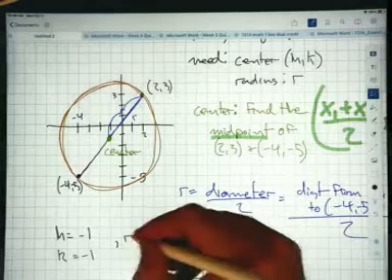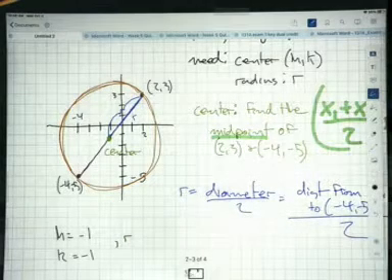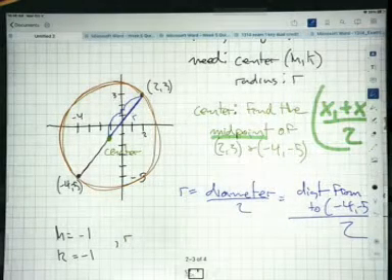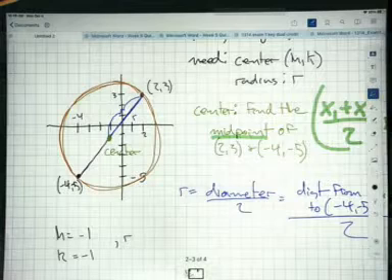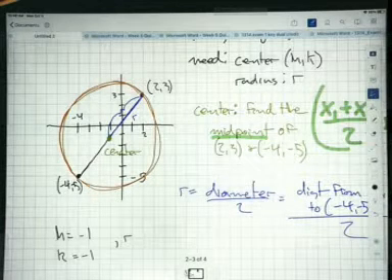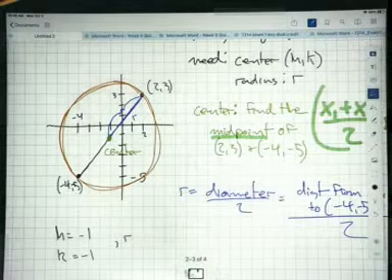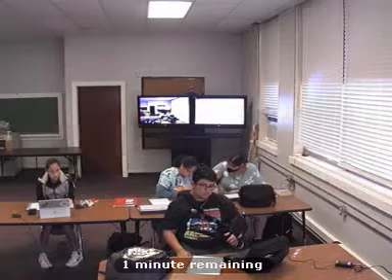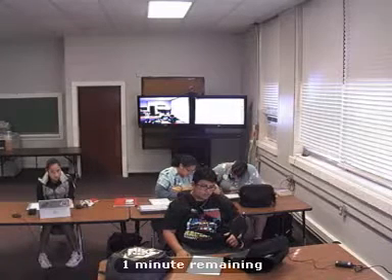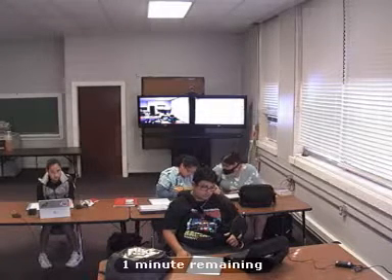What did you get for your radius? Please answer the question. I got, because you said the distance divided by 2, and I got 5. Good.